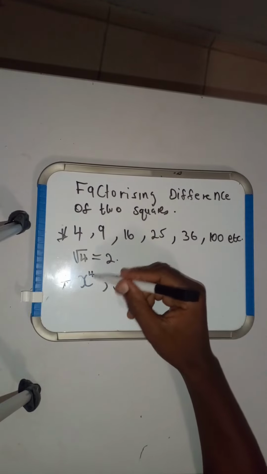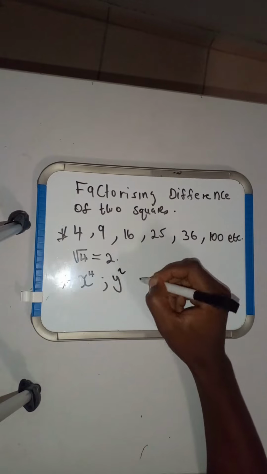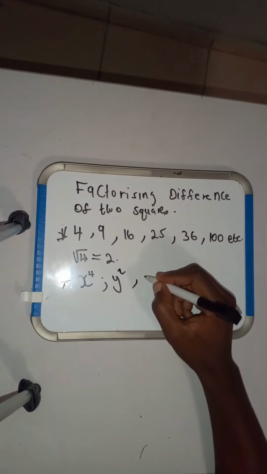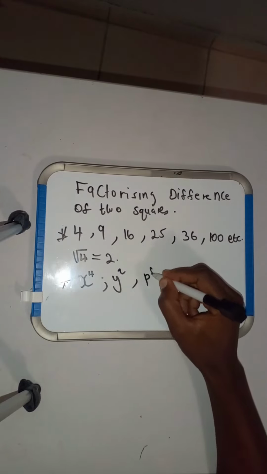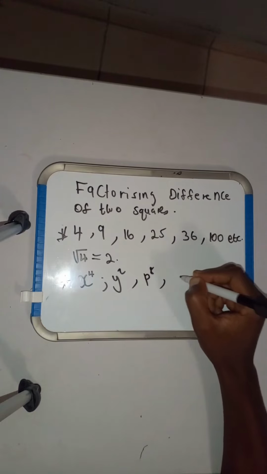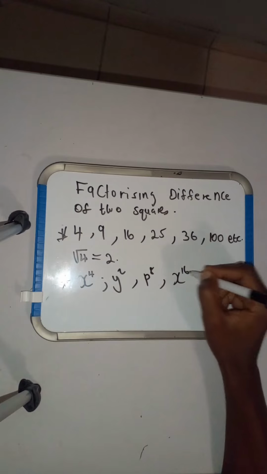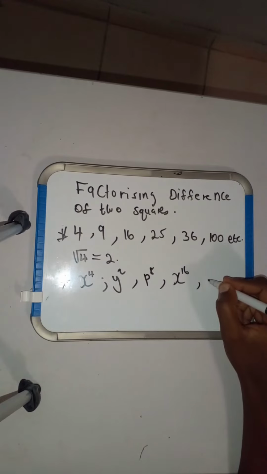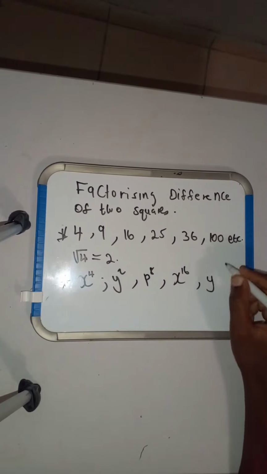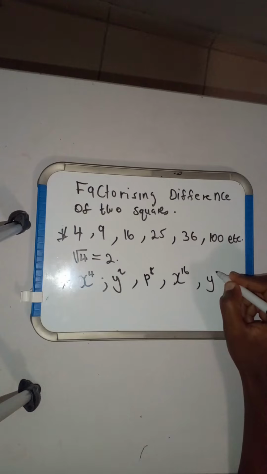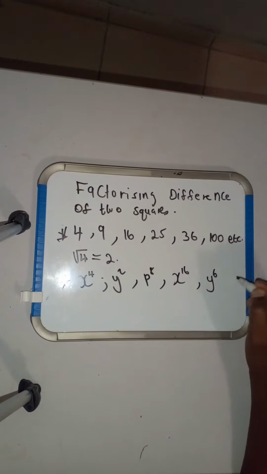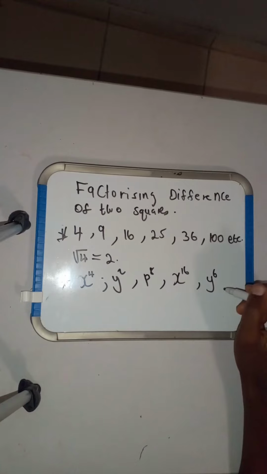For example, x to the power 4, y to the power 2, p to the power 8, x to the power 16, y to the power 6. Any variable with an exponent which is an even number is a perfect square.